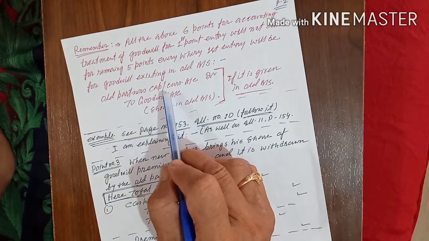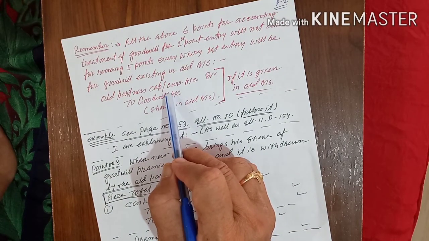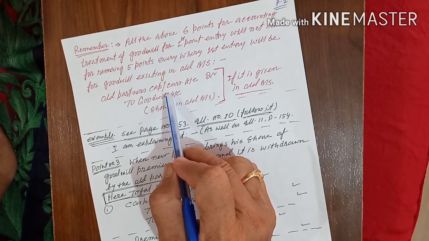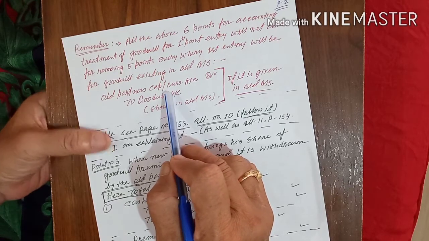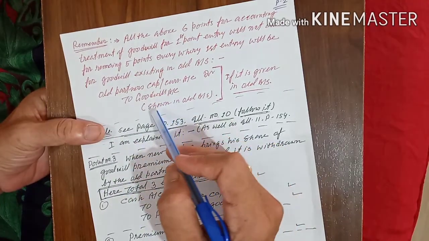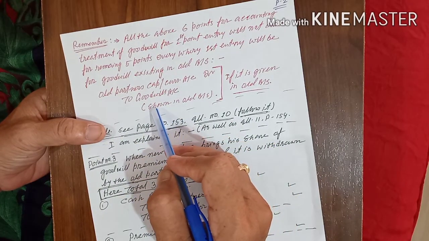This will be the first entry. But when? If the goodwill balance is given in your question, if the old goodwill is given in the balance sheet, that goodwill you should distribute to the partners. To whom? The old partners.